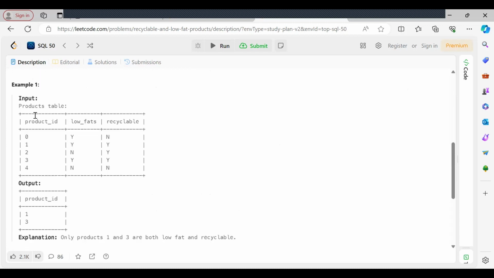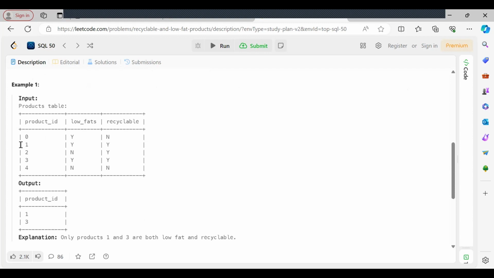The input table looks like this: we have product ID, low fats and recyclable. If it is Y, that means it is low fat, and if it is N, that means it is not low fat or not recyclable. So we want those records which have Y in low fats and Y in recyclable.